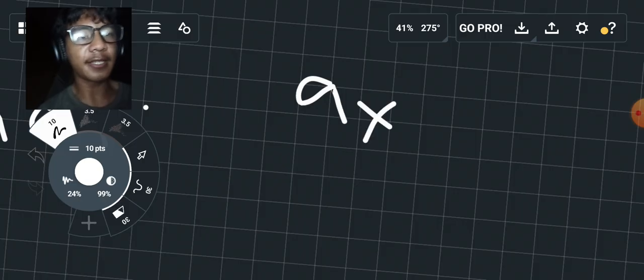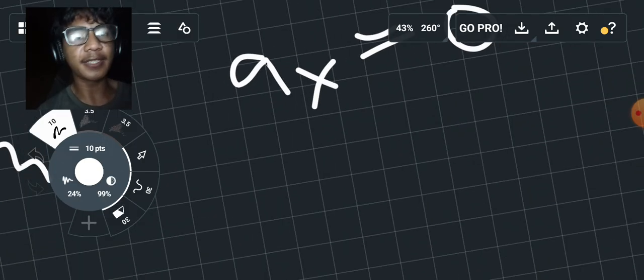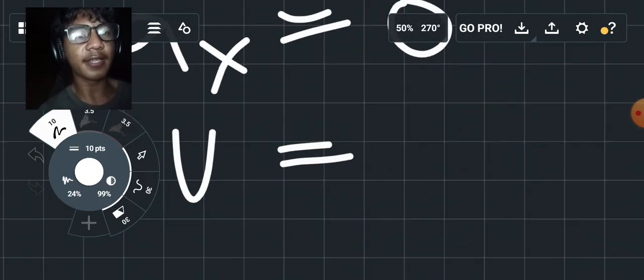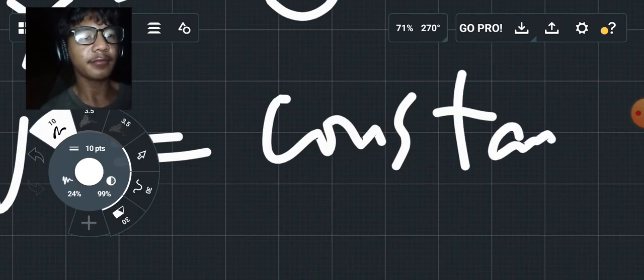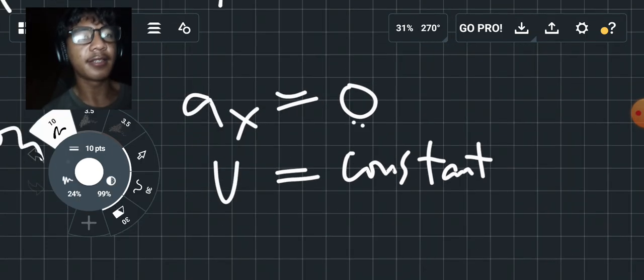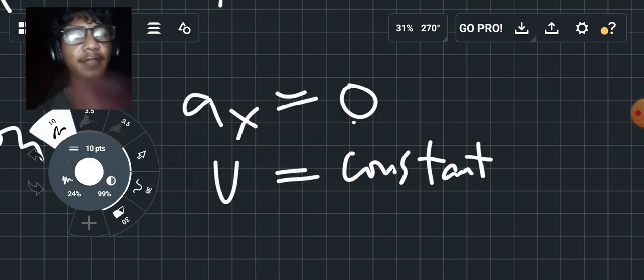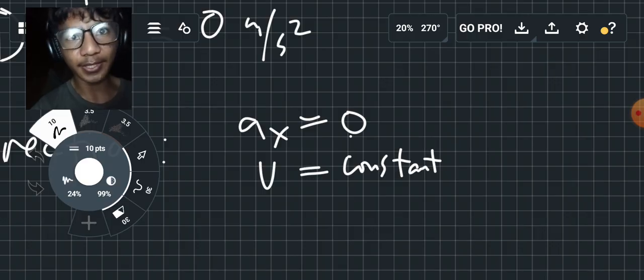Since the acceleration here is just 0, this means that the velocity is constant. Okay, since the derivative of a constant is 0, and the derivative of velocity is acceleration, then velocity is constant.